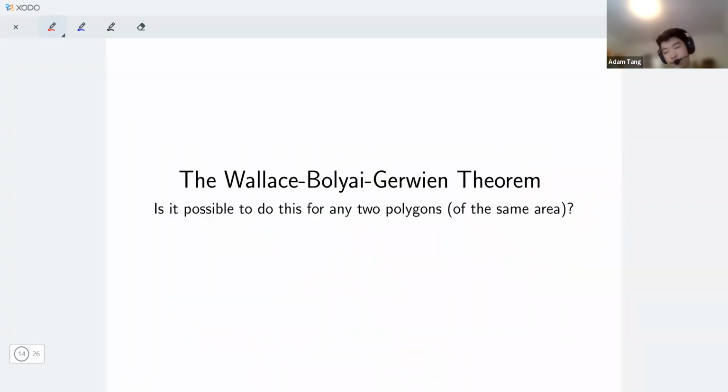Now, this is all leading up to a very nice result in equidecomposability, where it turns out that any two polygons of the same area are equidecomposable. And my goal is to show this to you. The proof isn't actually that hard because there is a constructive proof. It's very direct and it shows you exactly how to do it. So there is no doubt whatsoever.